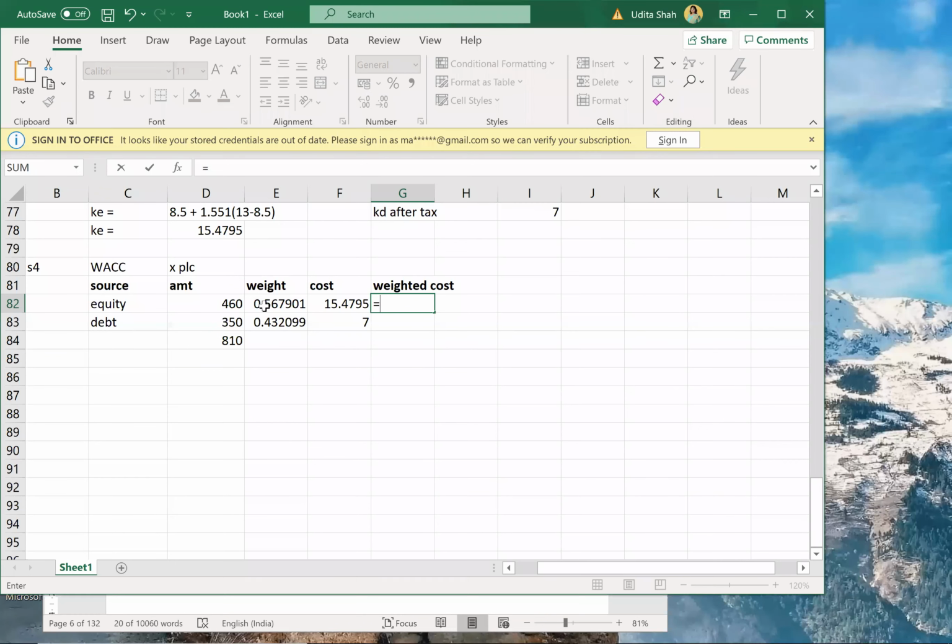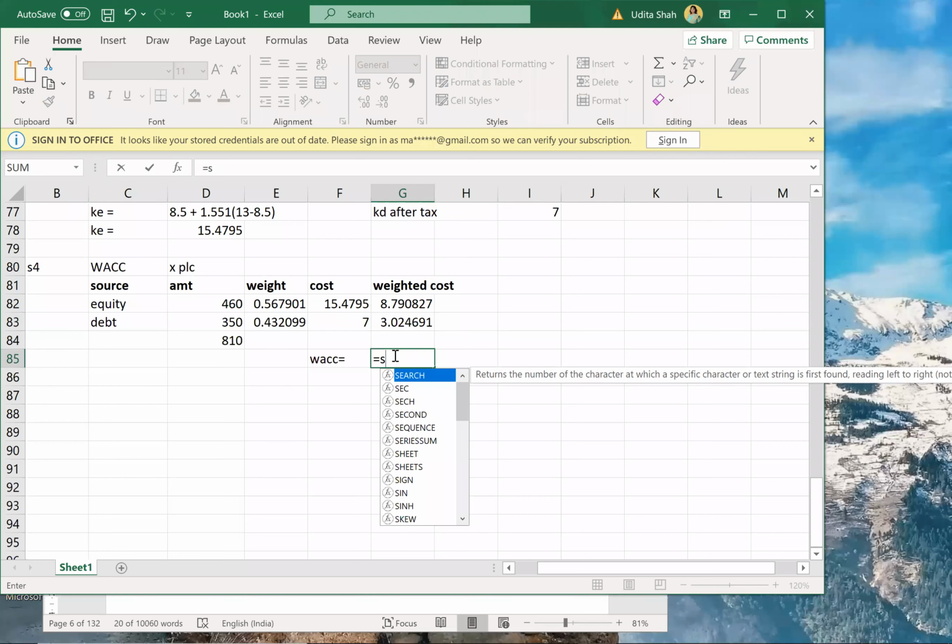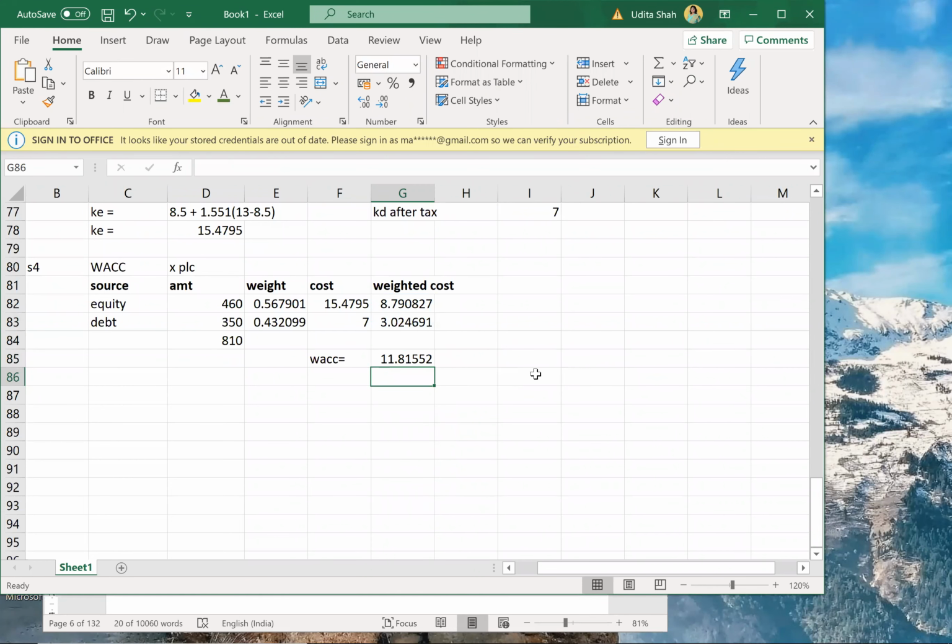And this will be into cost. So WACC will be 11.81% will be my WACC.